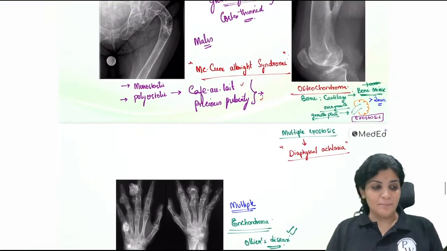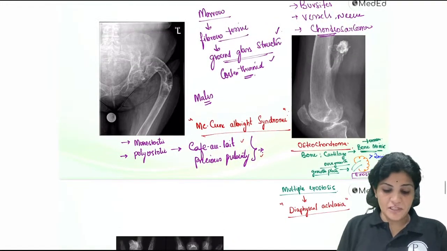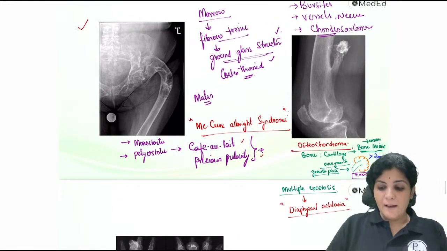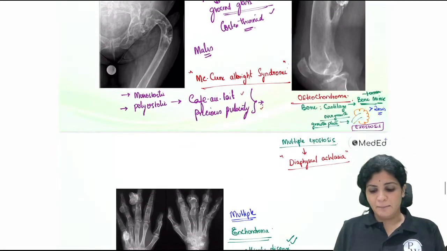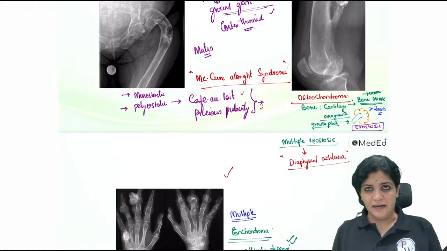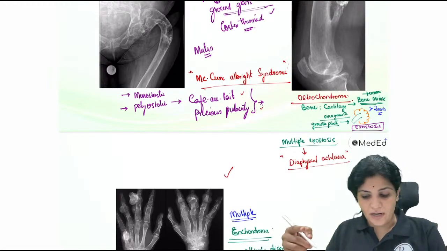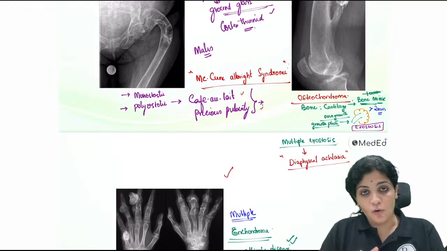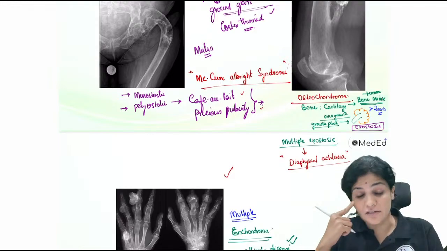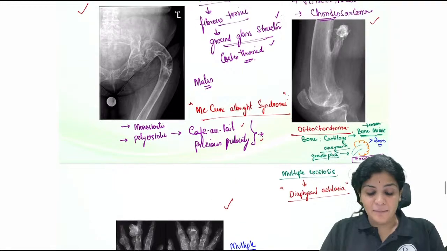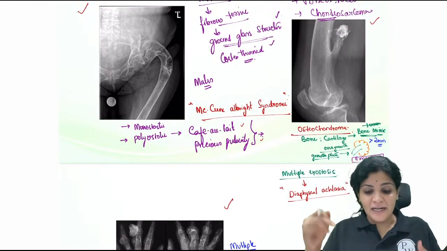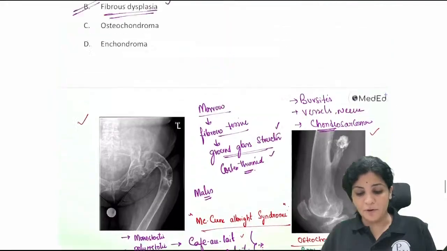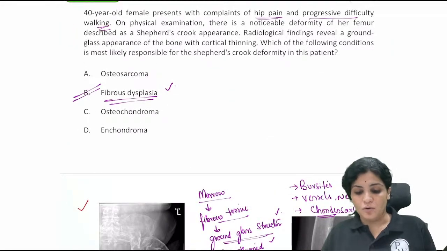So these are all examples of multiple conditions: multiple fibrous lesions can be there, multiple osteochondromas can be there, multiple enchondromas can be there. Multiple exostosis is called diaphyseal aclasis, multiple cartilaginous tumors, enchondromas, are especially seen in Ollier's disease, and multiple fibrous polyostotic disease is called McCune-Albright syndrome. This is very, very important in orthopedic oncology.